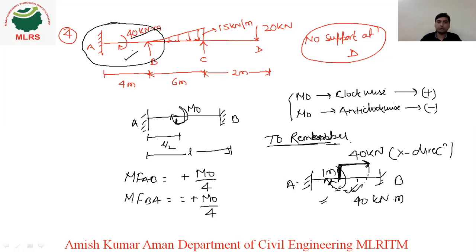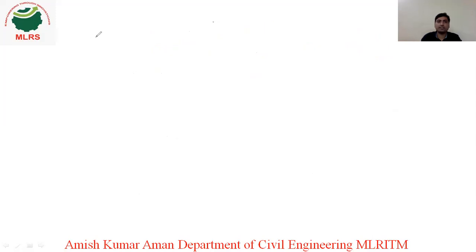Now coming to the solution part, step 1, that is your fixed end moments. We have three spans: AB span, BC span, and CD span. So calculate for first span AB the fixed end moments. For span AB, there will be two fixed end moments, that is MFAB and MFBA.